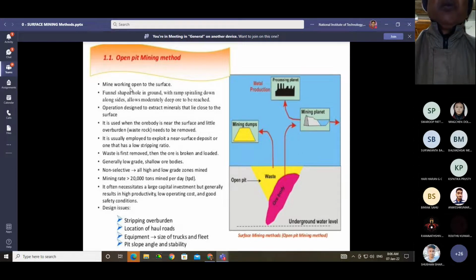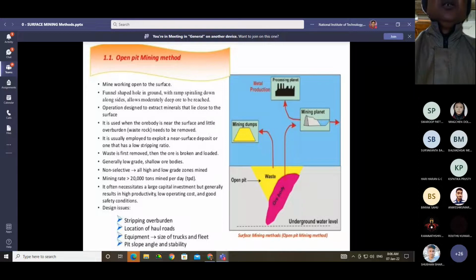Here the mine working is open to the surface, that is why it is called the open pit mining method. It is a funnel shaped hole in the ground with a ramp spiraling down along the sides, which allows moderately deep ore to be reached. Operation is designed to extract the minerals that lie very close to the surface, for the shallow deposits.